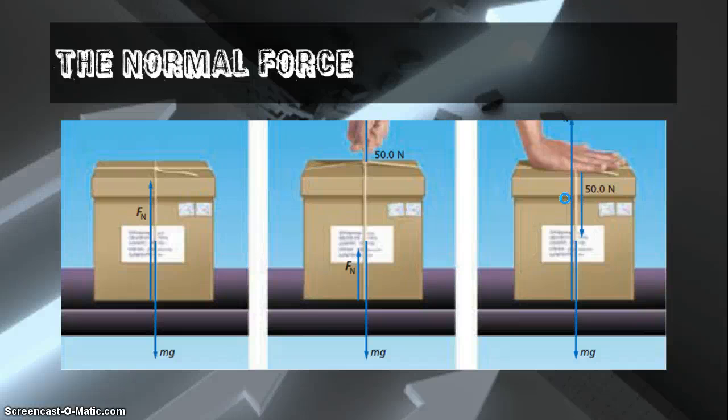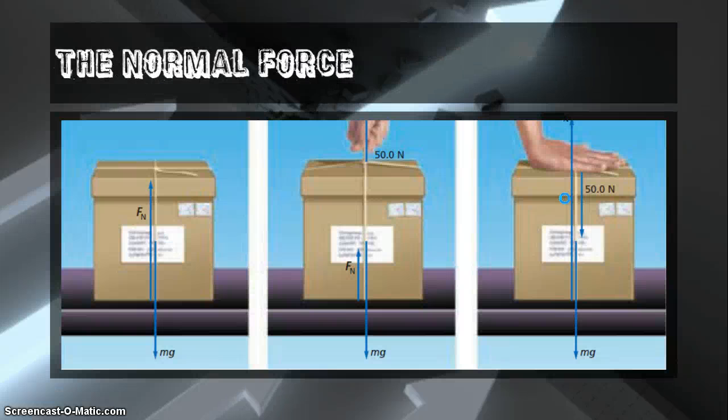So it's going to have to bear all of that force and push up with a much greater normal force, as you can see that large blue arrow in the right picture. And if you push so hard that the table just can't handle the force anymore, you might just end up breaking through the table. So that's the normal force in a nutshell, and we'll look at some sample problems on Newton's third law and how to calculate various tensions and normal force in class.